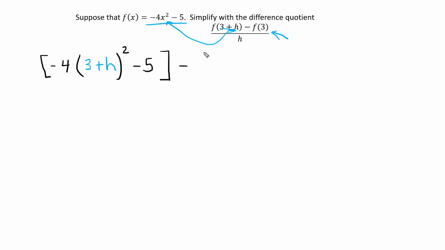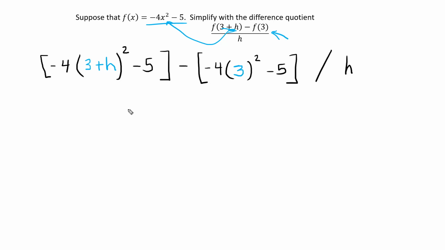And then minus, see why I put the square brackets? Because this negative here, -4. Where I see an x, I'm going to put in a 3. And then this is still x squared minus 5. And then all of this is over h.